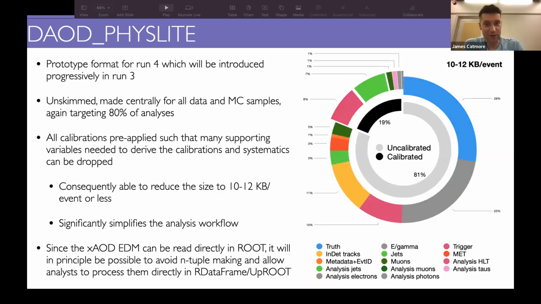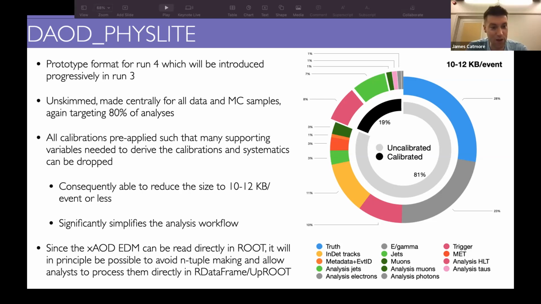Now, DAOD FIS Lite, which, as I said, will be introduced progressively in run 3, is again unskimmed, so it's written for every event. But the key point here is that all of the calibrations are pre-applied, such that many of the supporting variables that we have in the FIS format can be dropped because we already apply these calibrations as we're making it. Consequently, we're able at the moment to reduce the size to something like 10 to 12 kilobytes per event or less, and this significantly simplifies the analysis workflow.